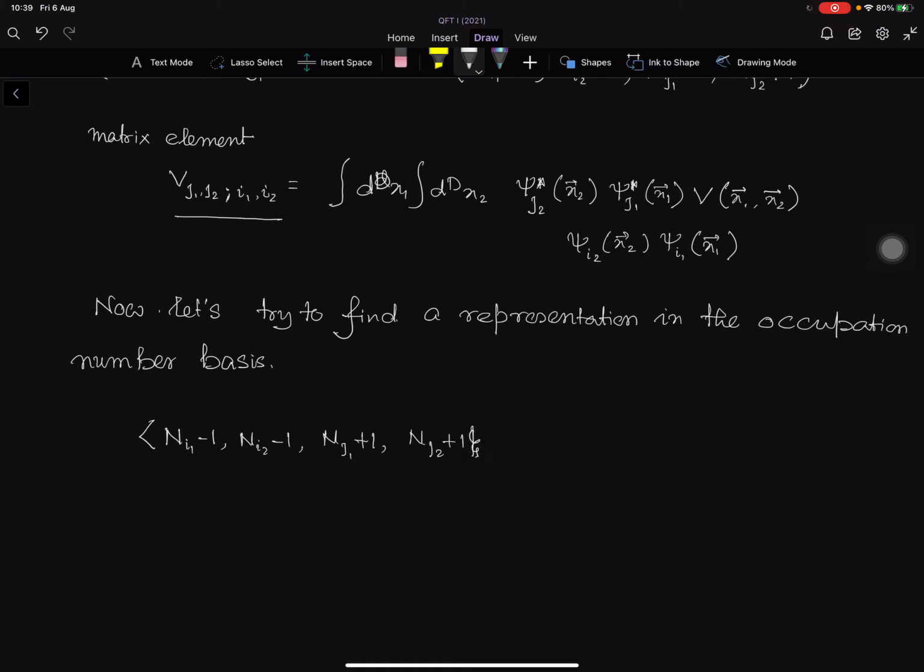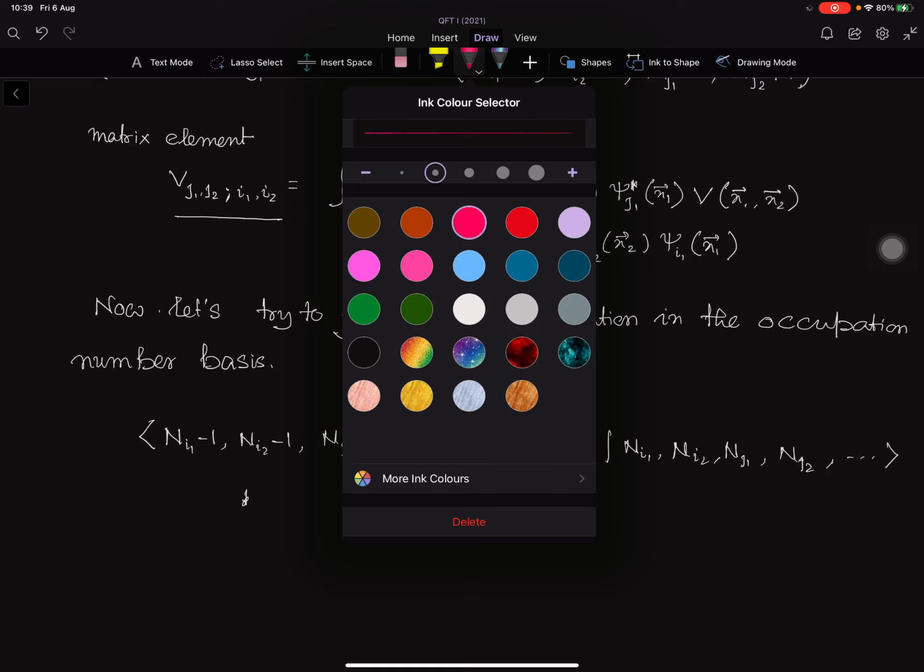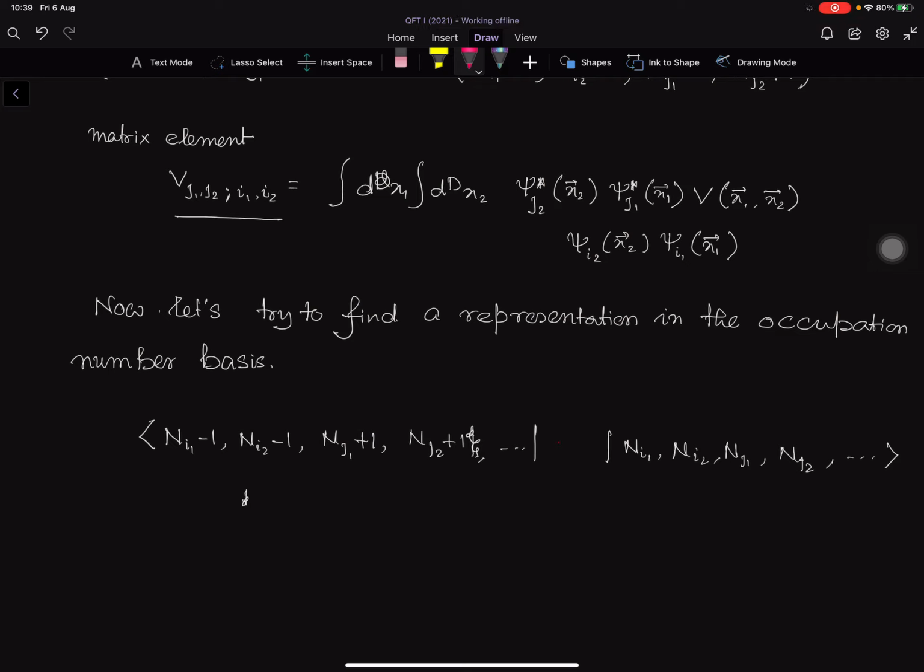Of course, there are other states. And this is my operator in the multi-particle Hilbert space.